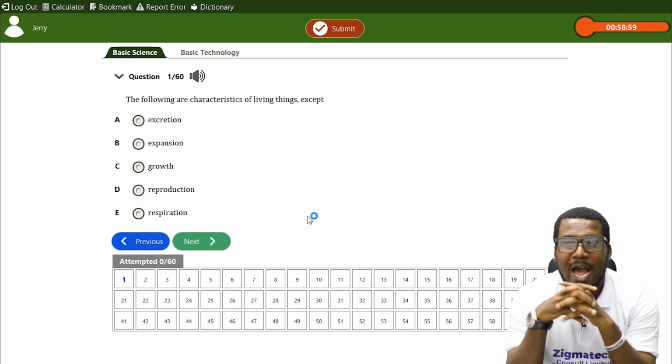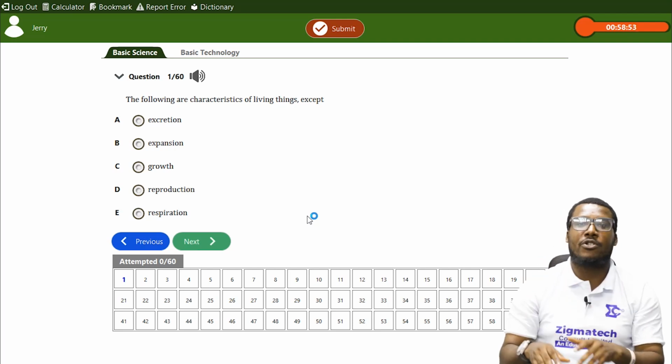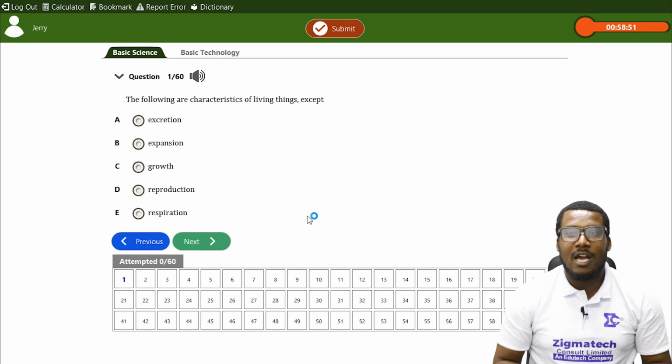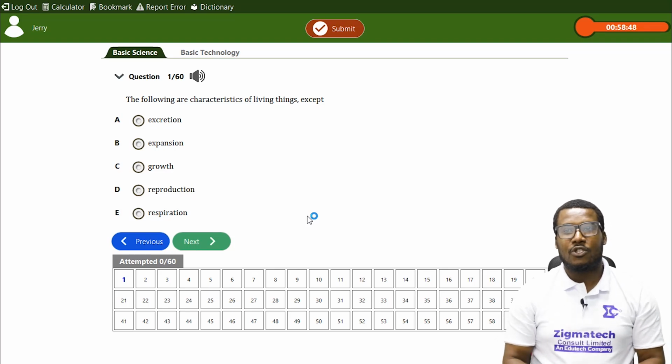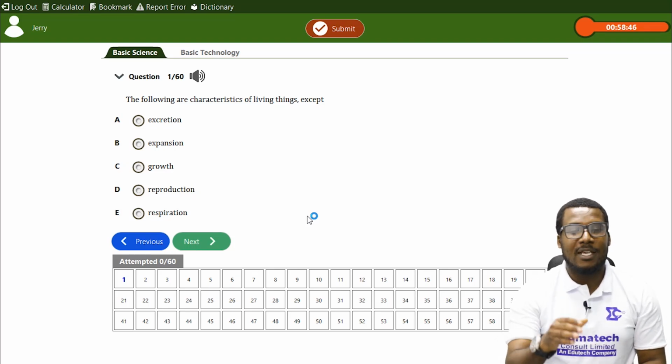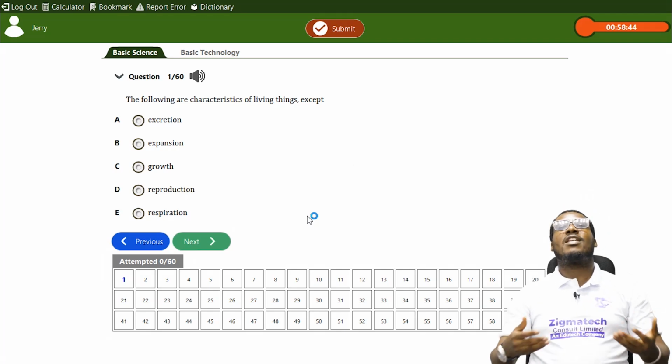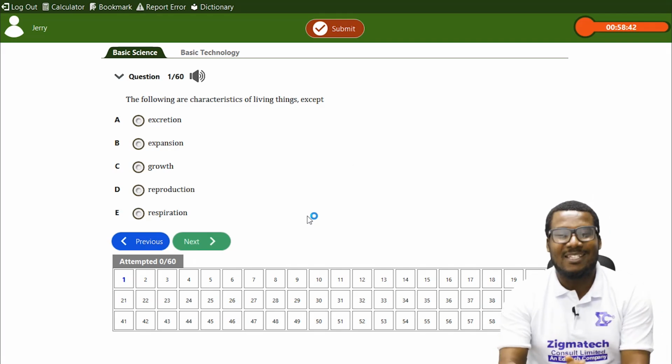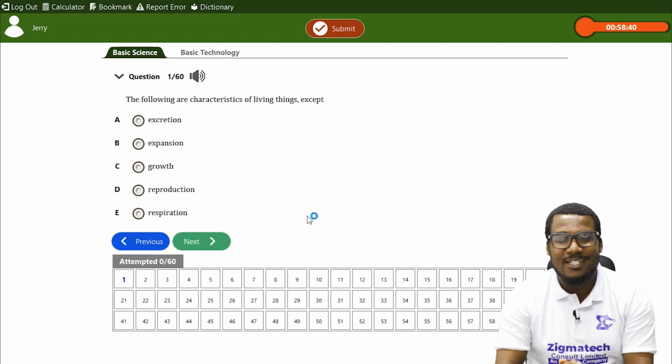At no place do we have expansion. So, having found out that excretion, growth, reproduction, and respiration are found, the answer is B, expansion. So if you see questions like that, please, with a smile, with a happy mood, answer it nicely because you are a living thing and not a non-living thing.